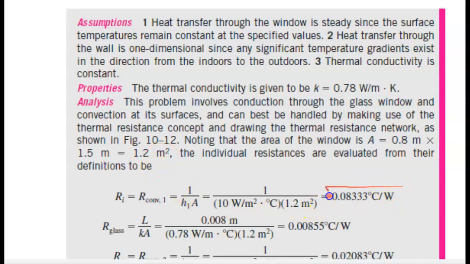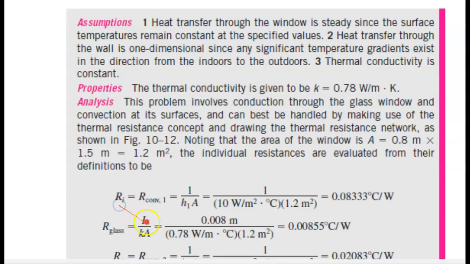And that will give you a value. Make sure when you record the value, record it to multiple decimal places, because a tiny bit of this can have a massive effect. So at least go to 4 or 5 decimal places for the value of the R. Now for the glass, the R is a solid. So it's L over KA, where L is the thickness.